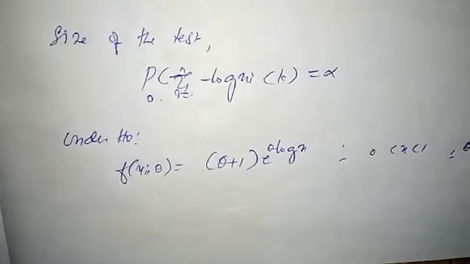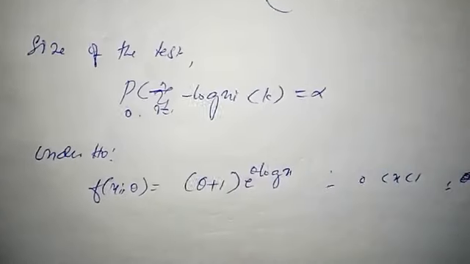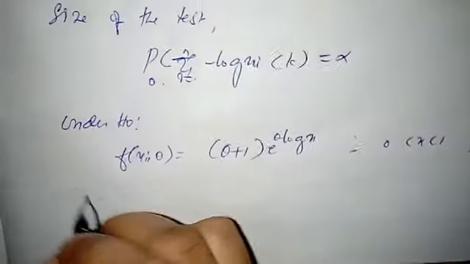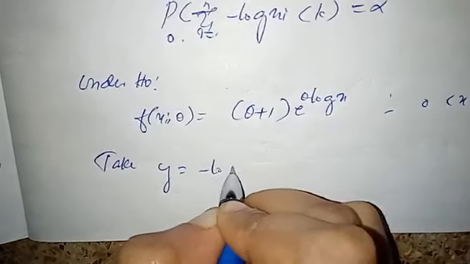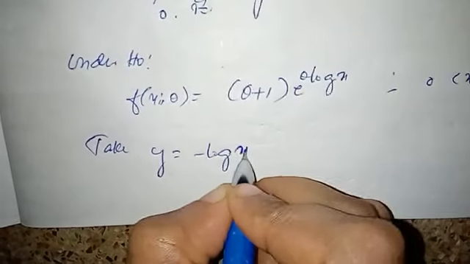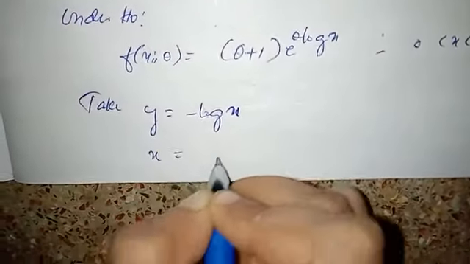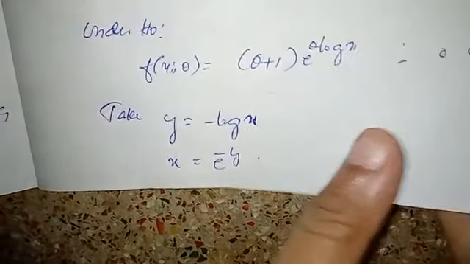This is the density of x. Then we need to know the density of minus log xi. For that we take y equal to minus log x. Then what is x? x is e^(−y).